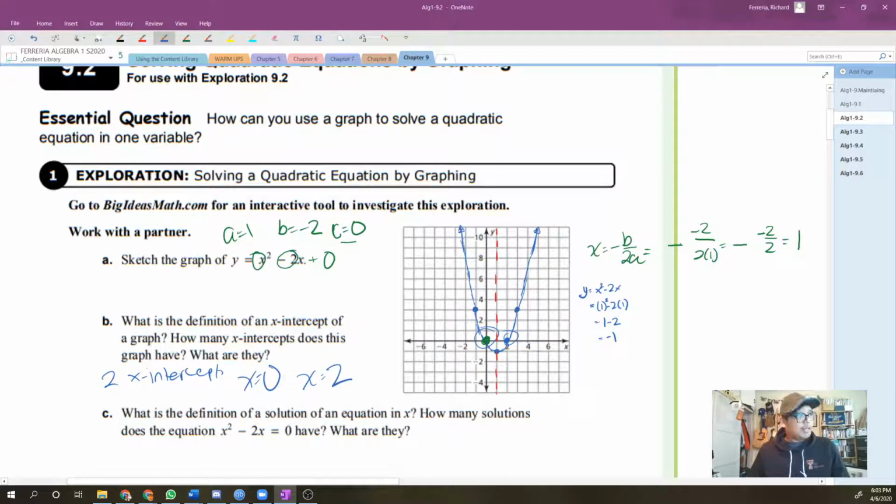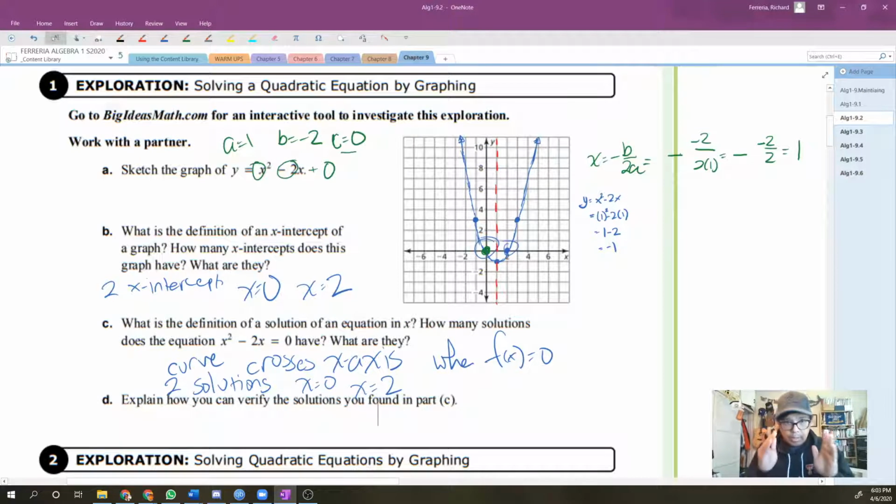What is the definition of the solution of a curve? And that is the same. That is where the curve crosses through the x-axis, so it has to cross the x-axis when you say that the solution is equal to 0. And then there are two solutions to this curve. That's x equals 0 and x equals 2.